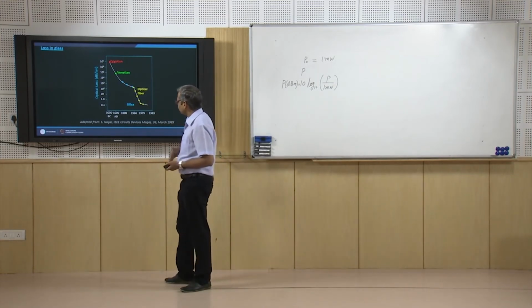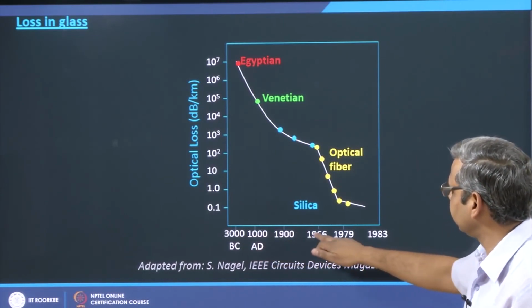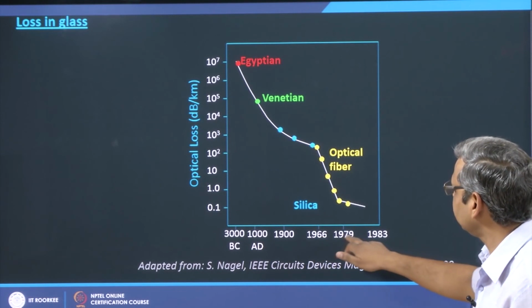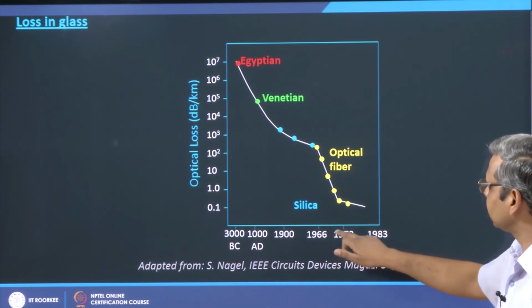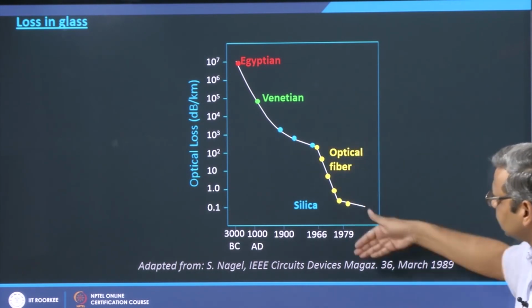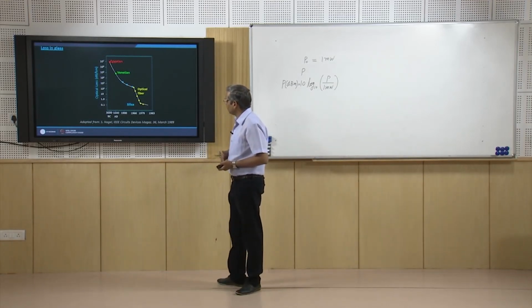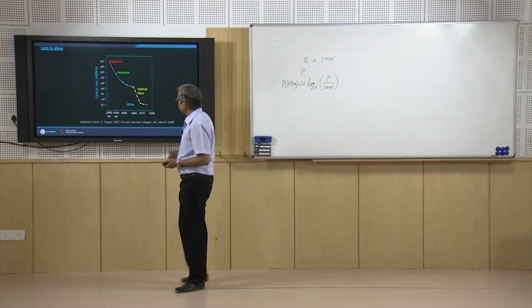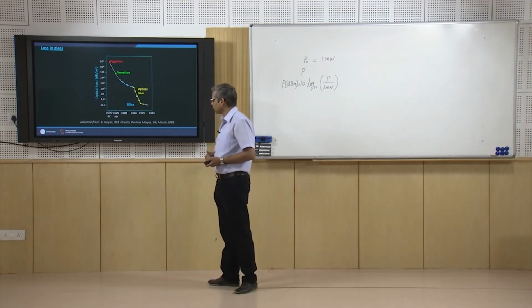Okay, you see here it is 3000 BC, 1000 AD, and then 1900, 1966, and you see the time difference is much smaller here. From 1966 to 1979, within 13 years, you can see how much advancement has been done and how much the attenuation could be brought down in an optical fiber.